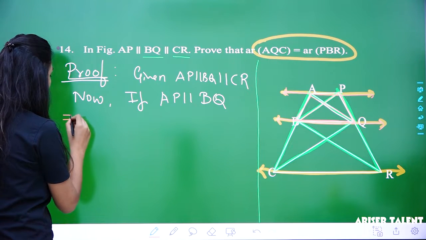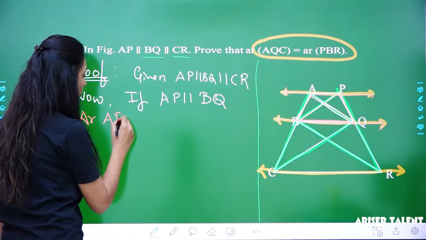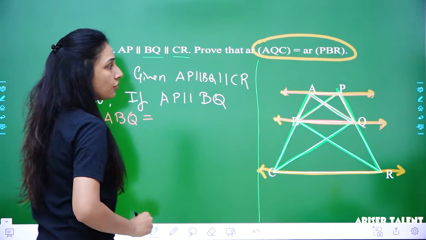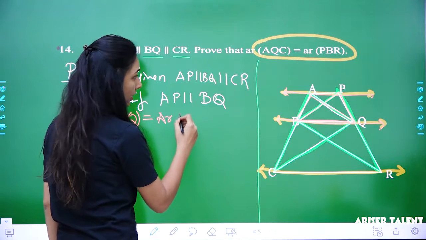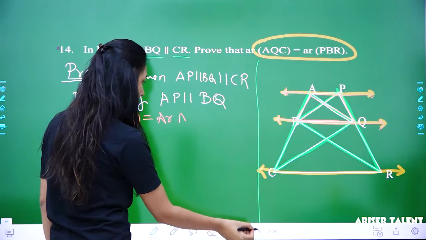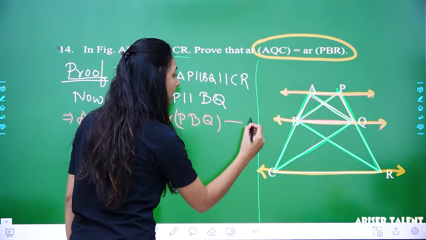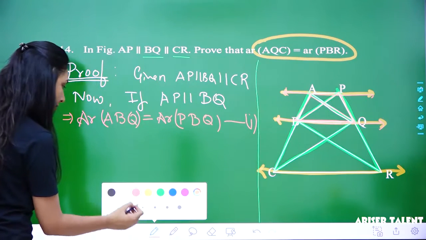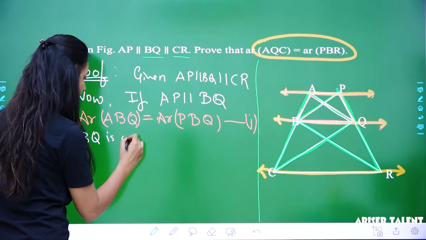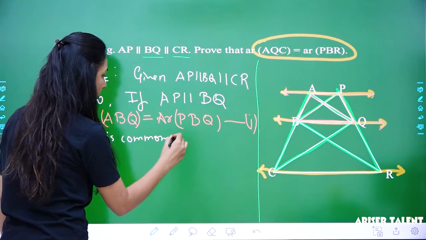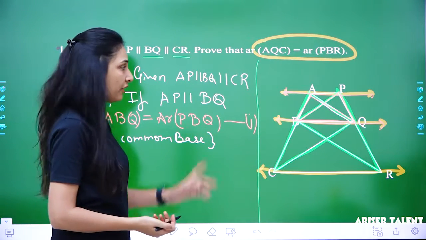This implies that area ABQ is equal to area PBQ. The reason is that BQ is a common base, and AP is parallel to BQ, as we have mentioned earlier.